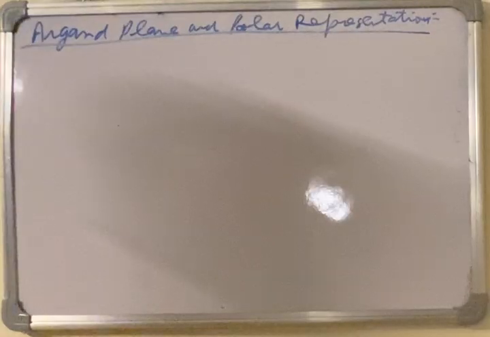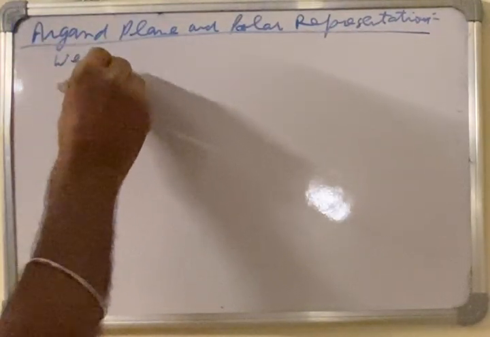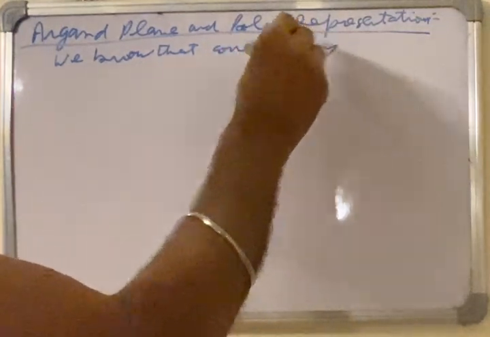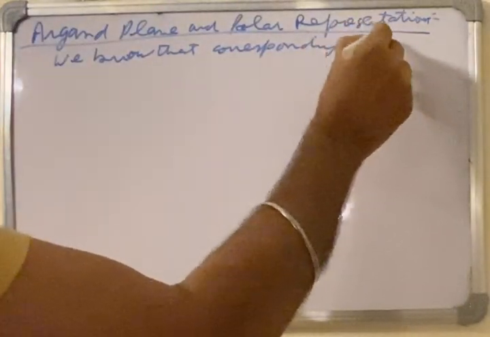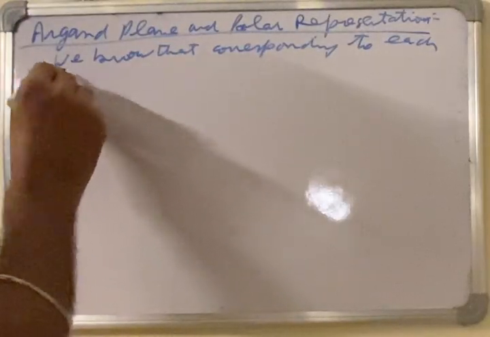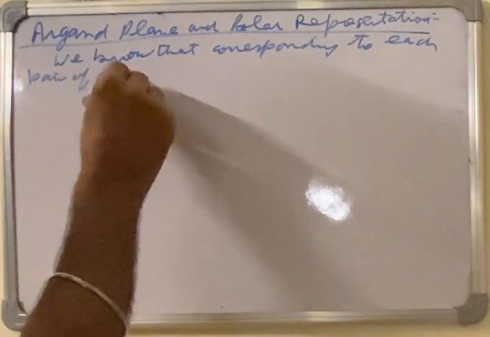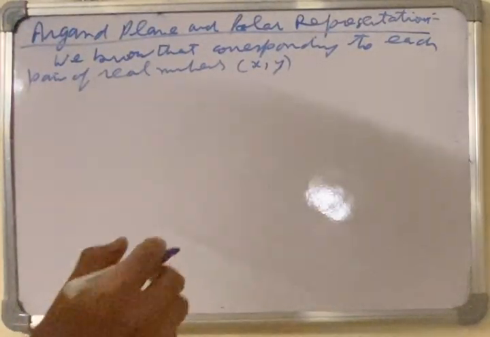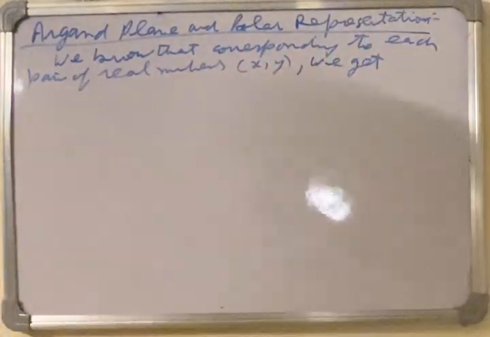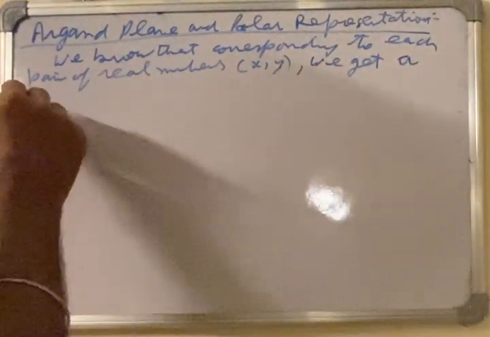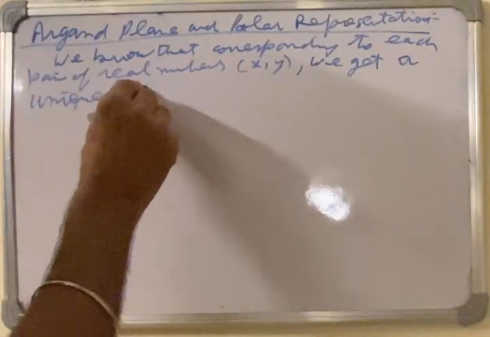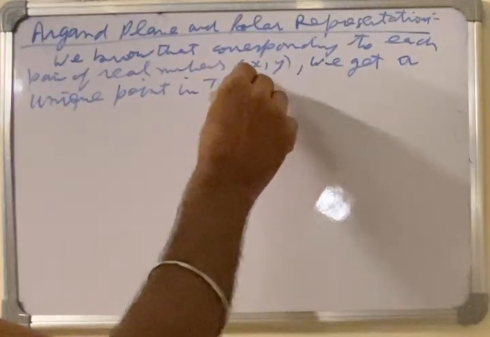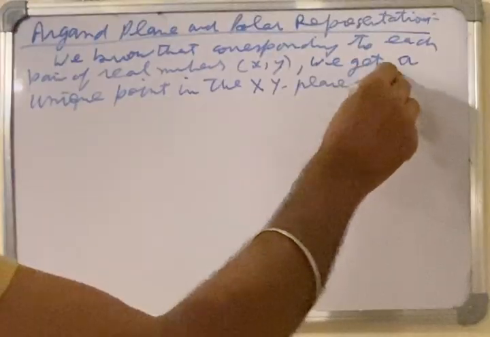We know that corresponding to each pair of real numbers x, y, we get a unique point in the xy plane, and vice versa.